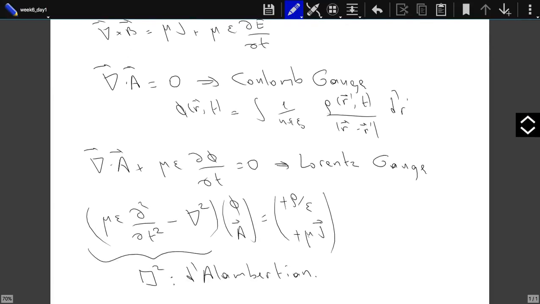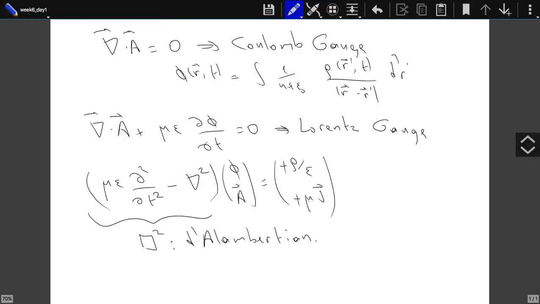But we will see that this Lorentz gauge, at least for our purposes, will be a better choice. You see, in Coulomb gauge, we said that the potential at the charge distribution at this point creates some potential at some other point at the same instant. So it seems as if information is transferred from here to all the other points instantly. Well, it's not actually the case, because when you calculate the electric and magnetic fields, you see that the changes in the electric and magnetic fields propagate at the speed of light c.